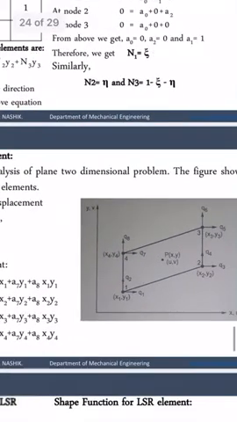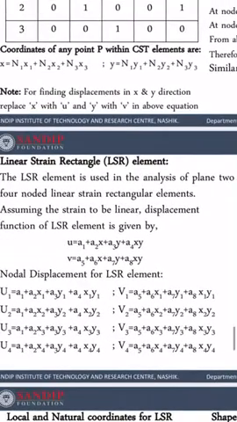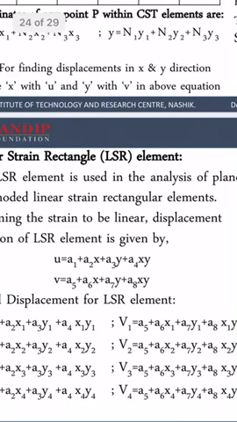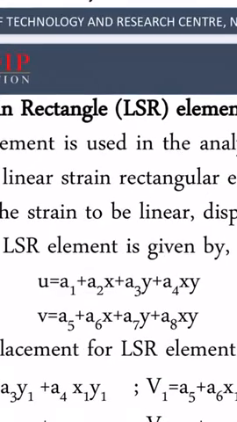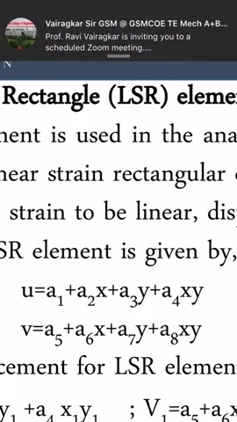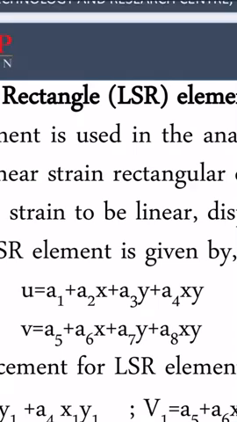Here we can write our displacement function. The generalized displacements are u and v: u is in the x direction and v is in the y direction. Since this is a linear strain rectangular element, we need to take into account the constant term as well as the linear terms. So u can be written as a1 plus a2x plus a3y plus a4xy.